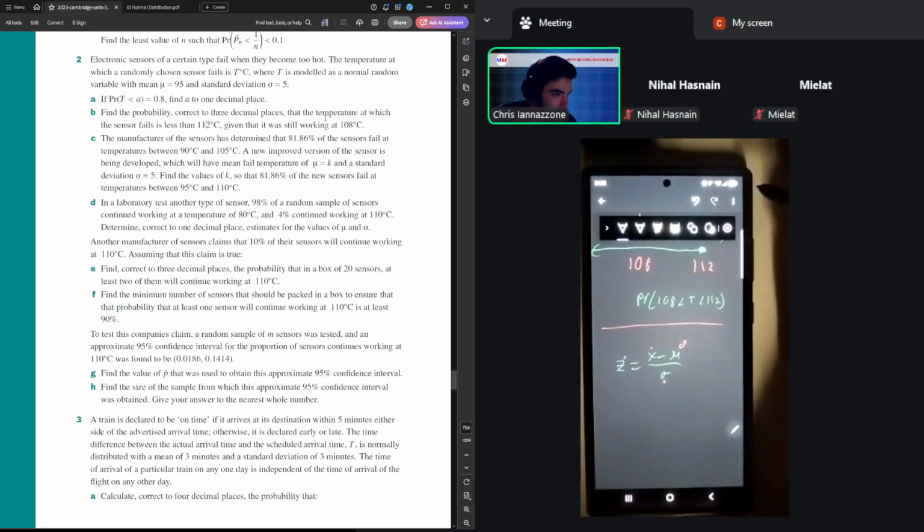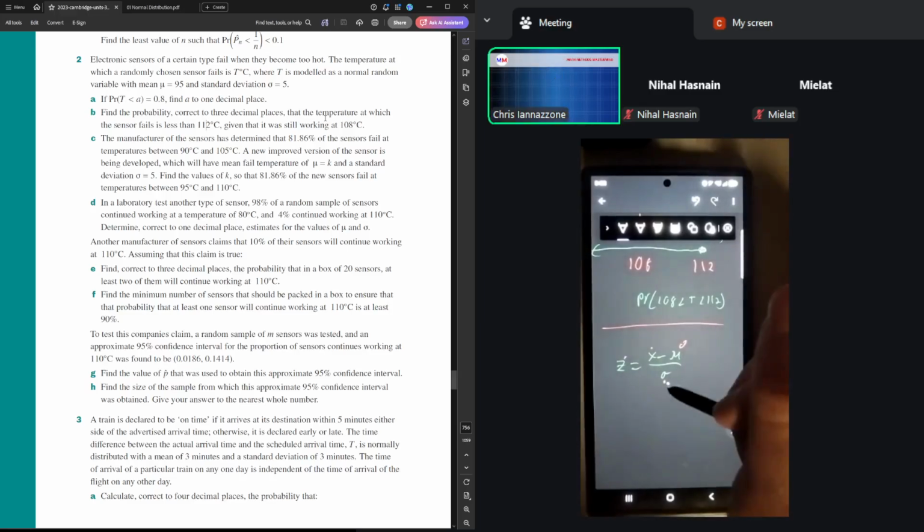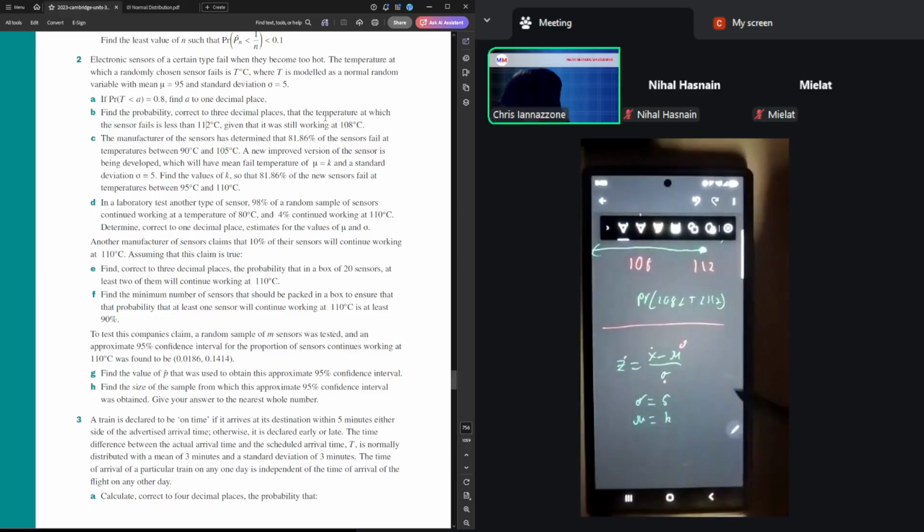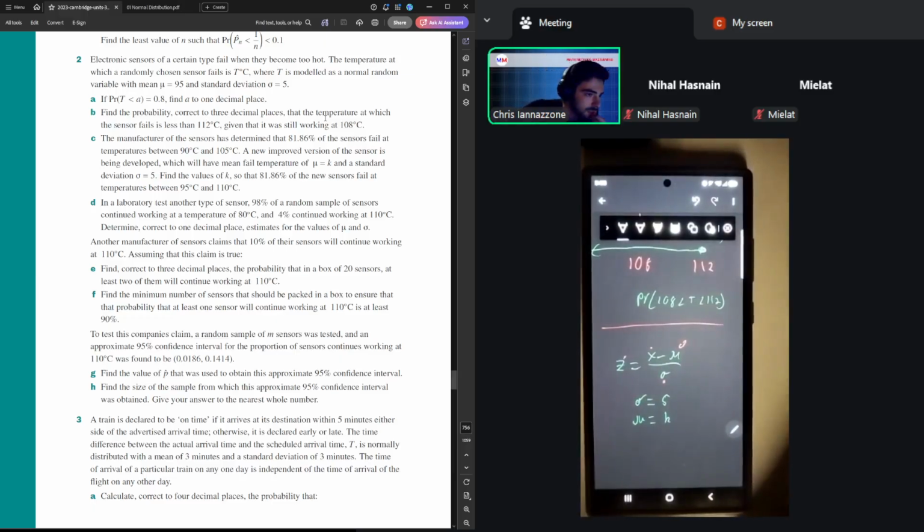Good news is, across both of those, the standard deviation was 5, so we can just leave standard deviation as 5 regardless. The mean is going to be k, just based off of the question. It does say find the values of k.